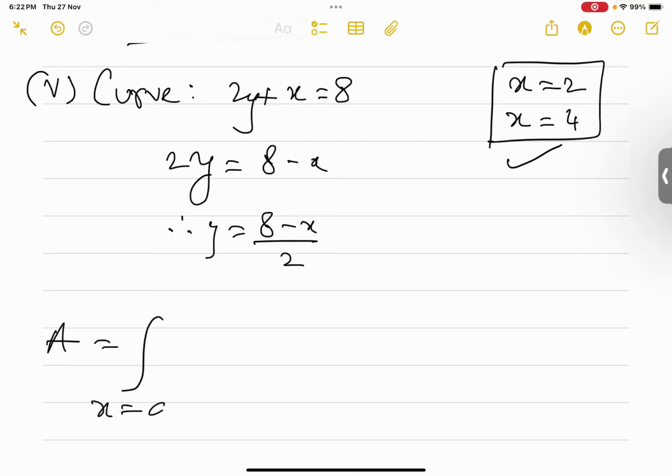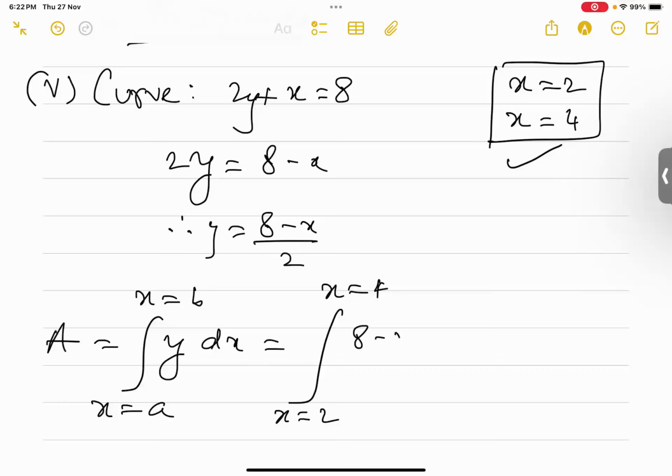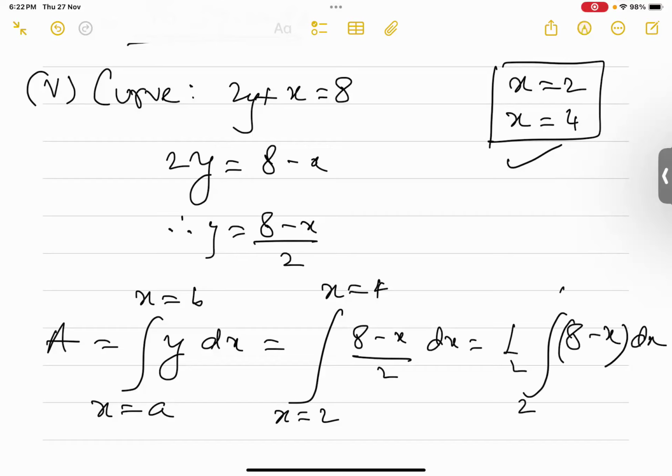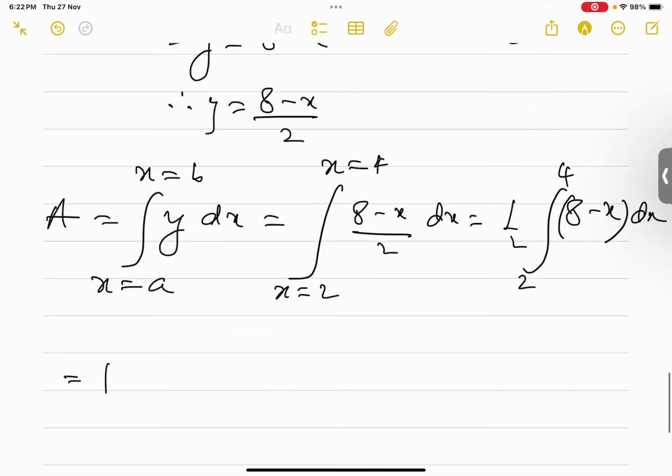Area formula: x is equal to a, x is equal to b, y dx. X is equal to 2, x is equal to 4. What is y? 8 minus x by 2, half outside. Integration of 8 minus x, 2 to 4. Individual integration: integration of 8 is 8x, and this is x square by 2 because this is x raised to 1.